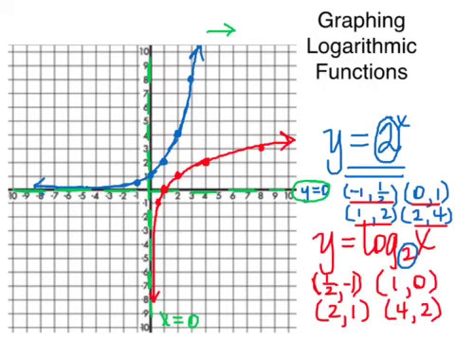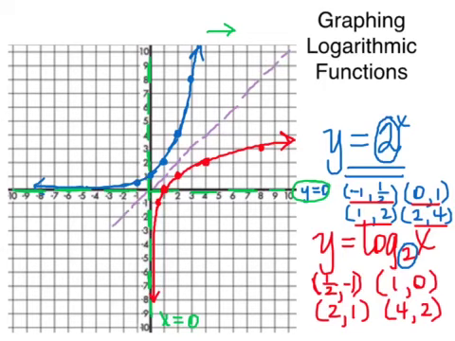Something that you may have seen before is that anything and its inverse function will always be a reflection of one another. And they're not a reflection over the x-axis or over the y-axis. They're actually a reflection along the diagonal line that would separate this graph right down the middle.